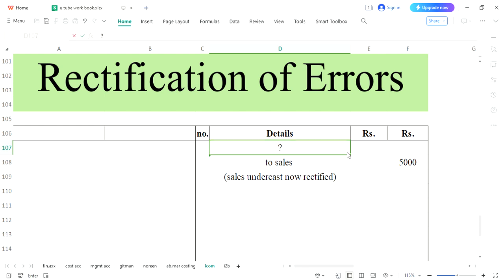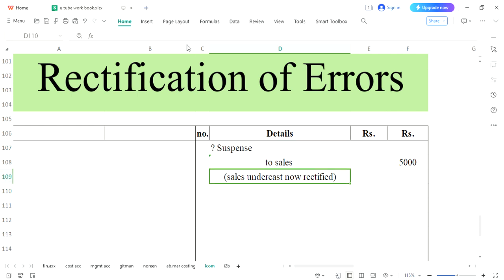So for the time being you may write a question mark, or the better word is suspense. I have already introduced this word because the debit side is not clear. You are responsible to rectify only mistakes. I'm again repeating, you are responsible only to rectify mistakes. You are not responsible for other sides.